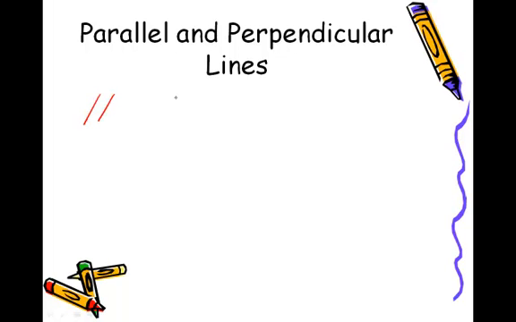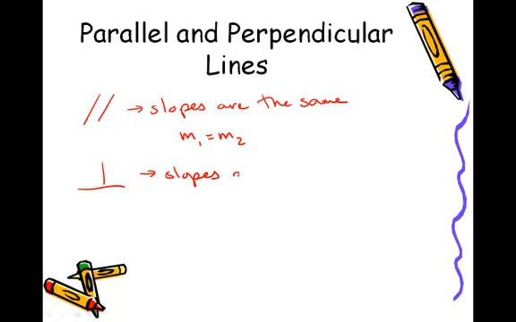I'm hoping that you remember that when you have parallel lines, the slopes of parallel lines are the same. In other words, the slope of the first line equals the slope of the second line, m sub 1 and m sub 2. And if we have perpendicular lines, the slopes are opposites and reciprocals.